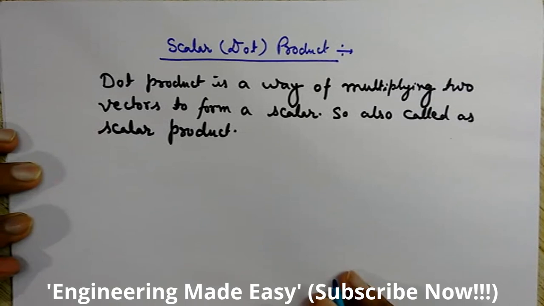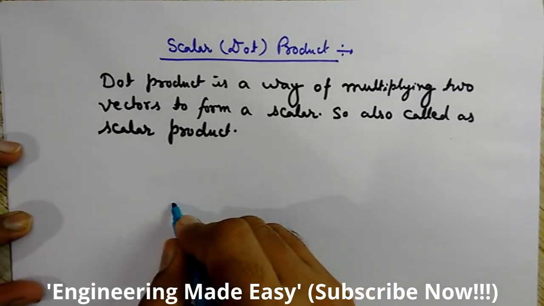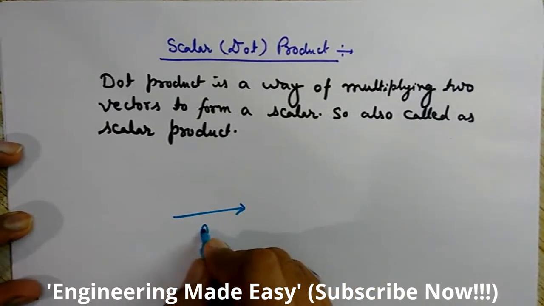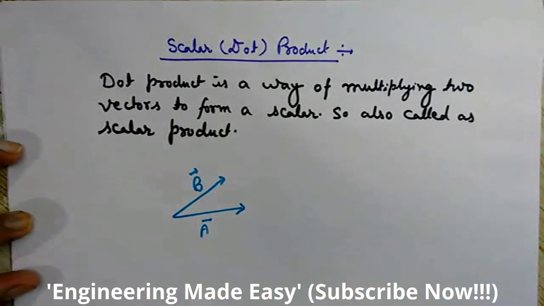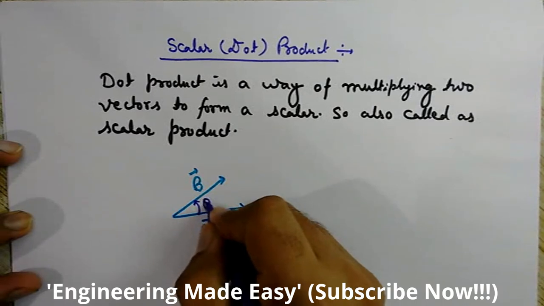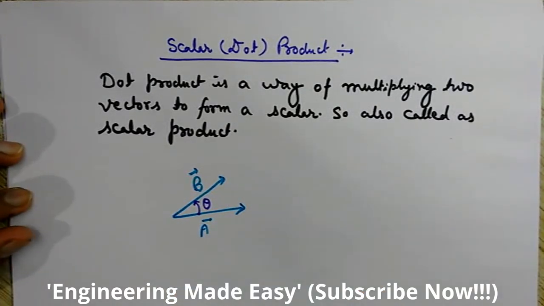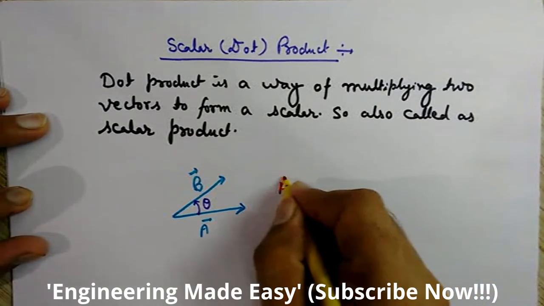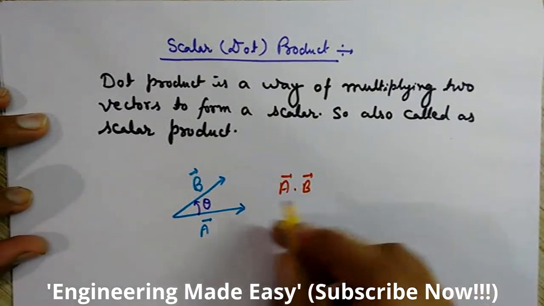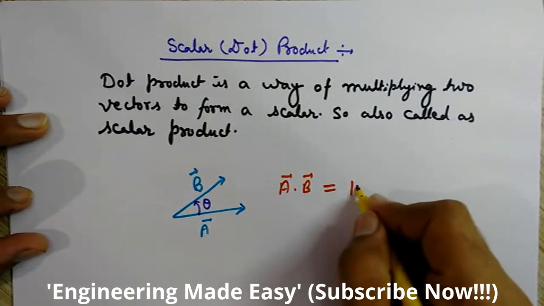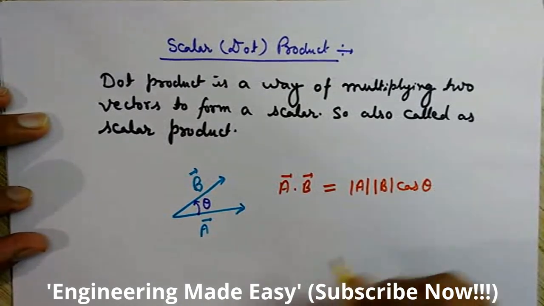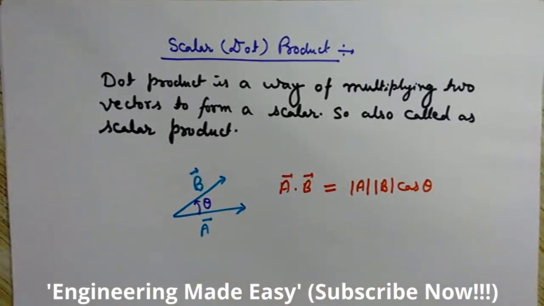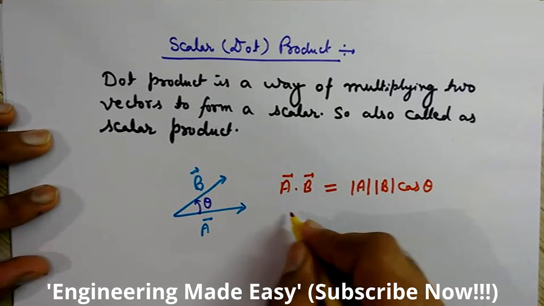If I have two vectors A and B, if this is vector A and here is vector B, and this is the angle theta between these two vectors, then vector A dot vector B can be defined as the magnitude of vector A into the magnitude of vector B into the cosine of the angle between these two vectors A and B.